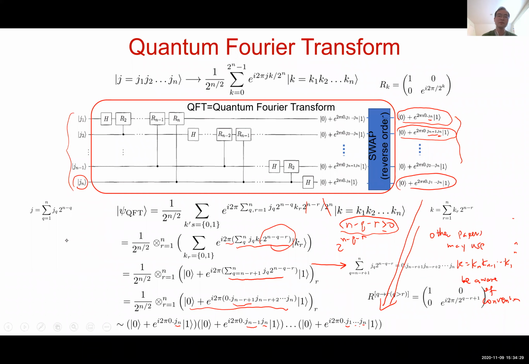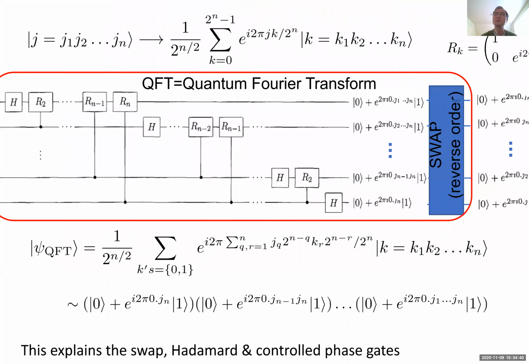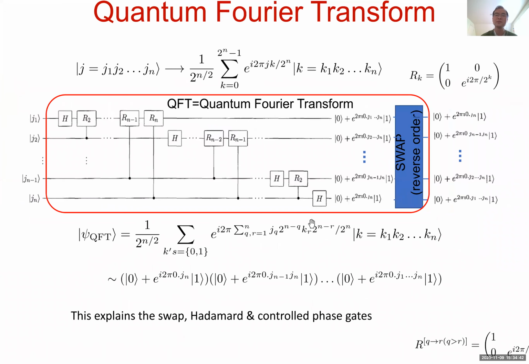Okay, if not, this is the next slide, just rewriting things. Now we can go to the circuit a little bit. So we see this is the design outcome, but somehow the circuit, when we write it this way, is sort of reversed. Let's just look at the output here.